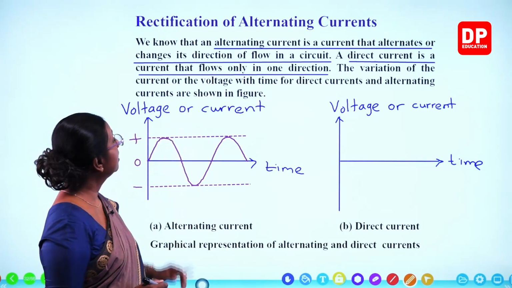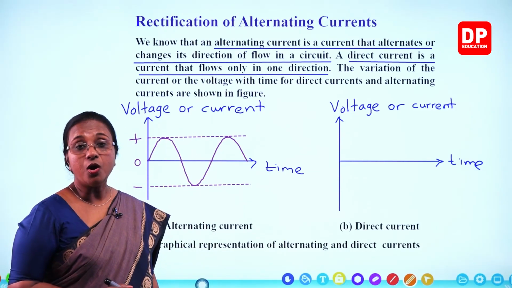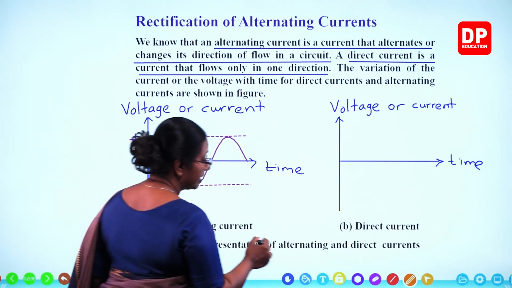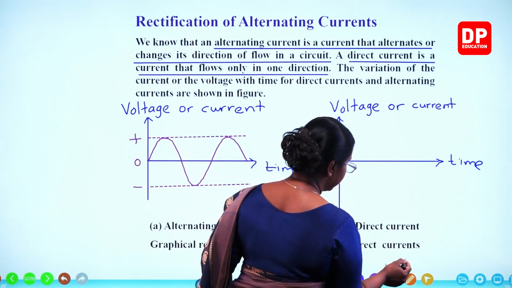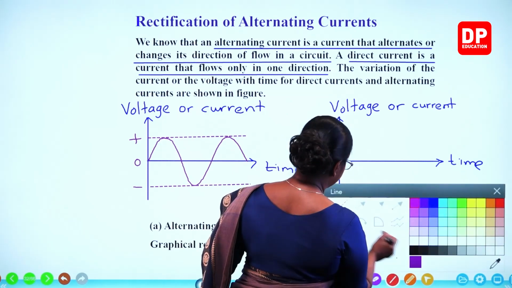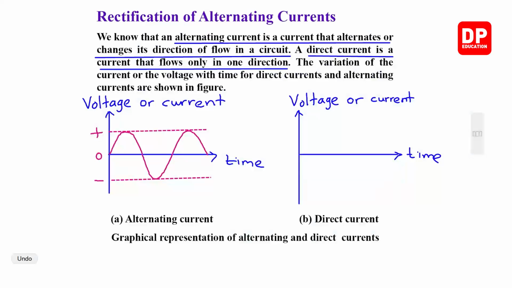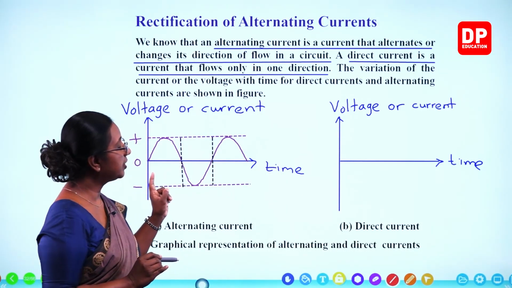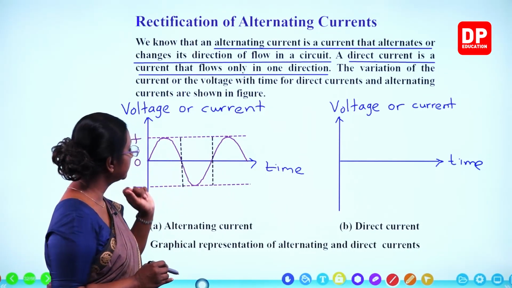That is an alternating current. So, with time, another thing you can see here is that there is a point where this changes, and between these two there is no positive current, and at that point the potential or the current becomes 0.